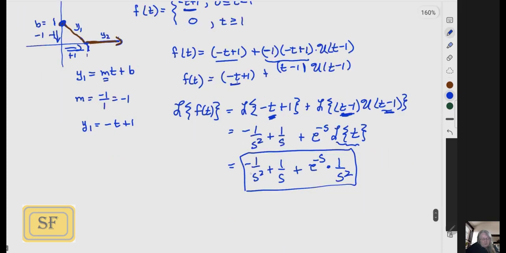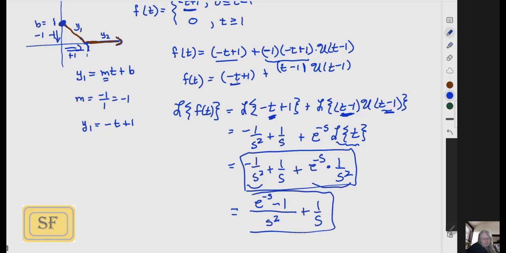You might see, if this is a multiple choice question, that these s squared terms are combined. And if you combine those s squareds, you have, I'll put the positive term first, e to the negative s minus 1 over s squared, and then plus 1 over s. So that's a good answer.